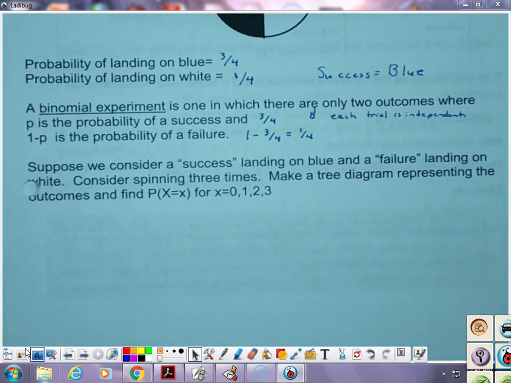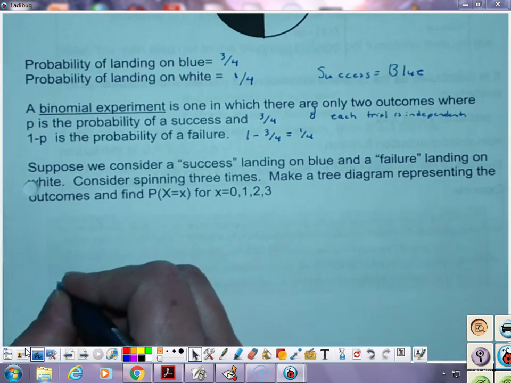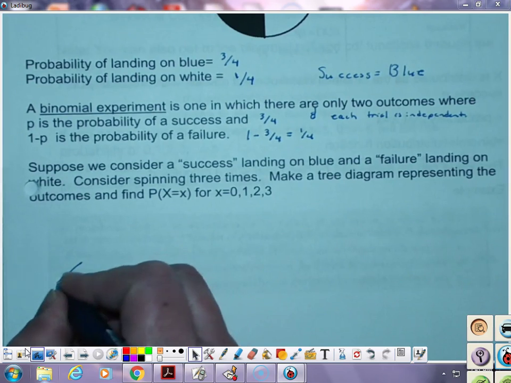I have trouble fitting the tree diagram in this spot. So basically you have blue and white, and you're doing 3 trials. So off of blue and white, you're going to have blue and white. Off of that, blue and white. Alright, so blue and white.